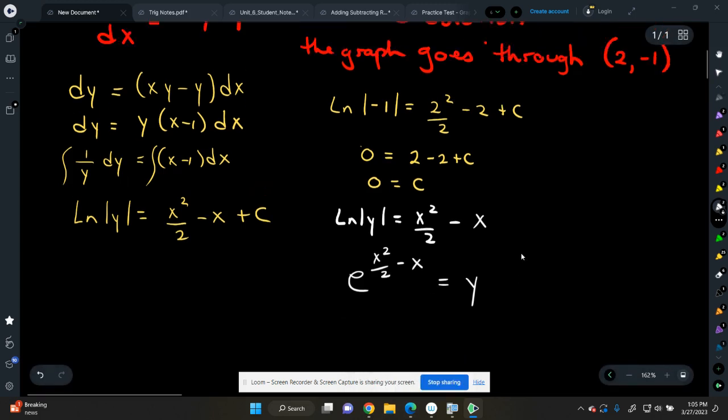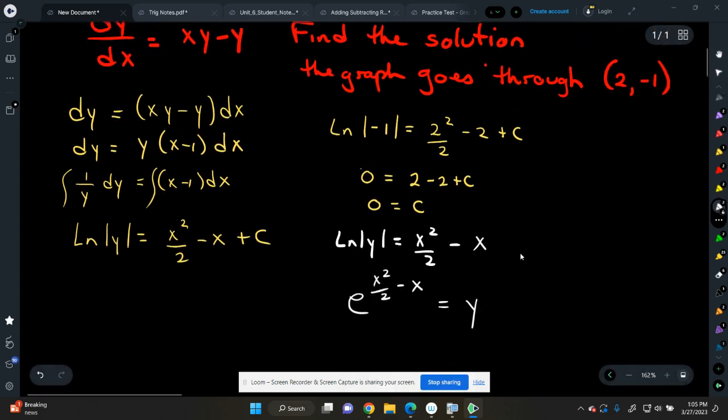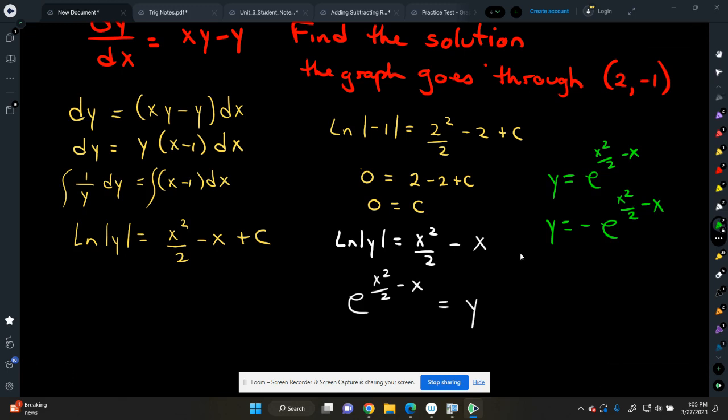And here's the reason. My choices that are given, I have two choices. One is y equals e to the x squared over 2 minus x. And one is y equals negative e to the x squared over 2 minus x. Which one is it?